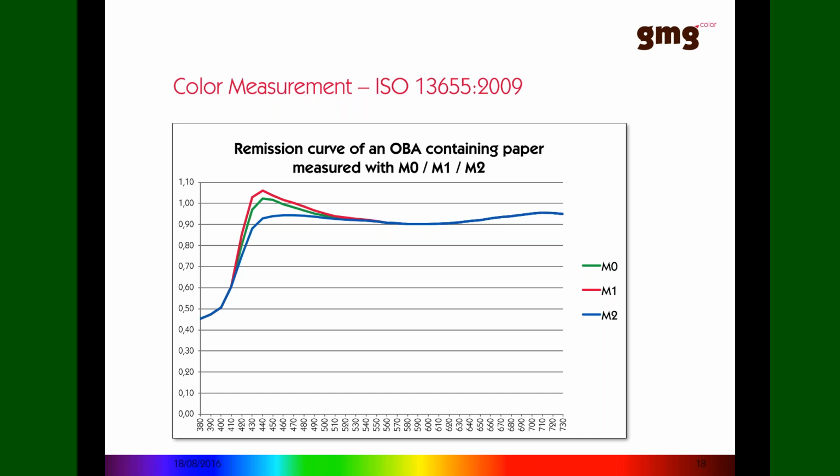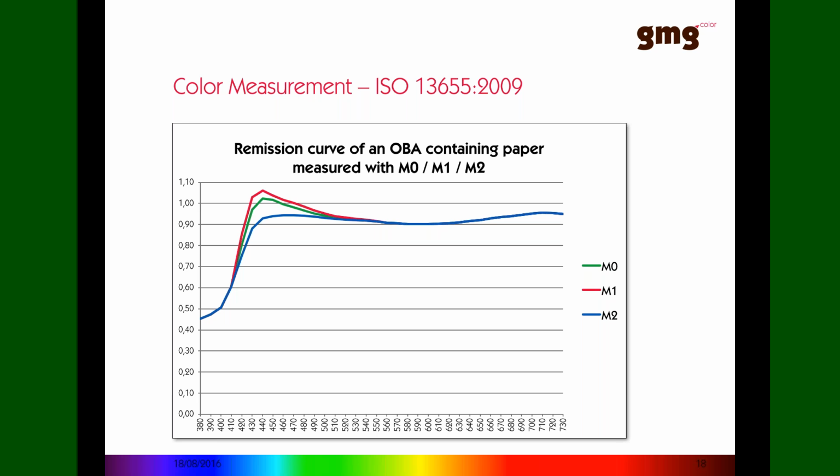You see that in the nanometer range of 400 to, in this case, 520 nanometers, we have optical brighteners that are reacting to this UV light and returning a bluish appearance.